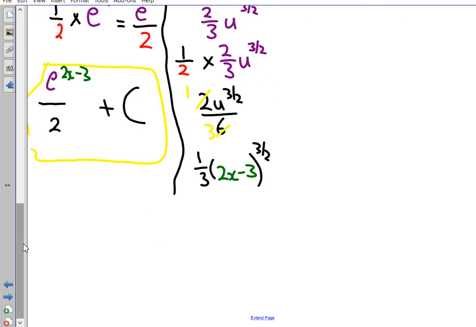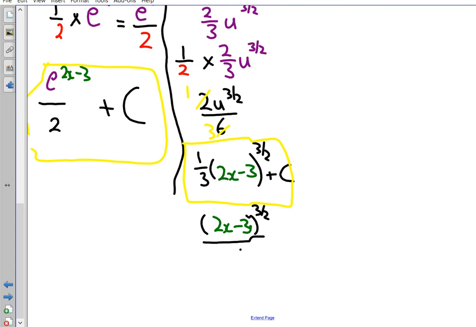So that's one answer. Or you could have written 2x subtract 3 to the power 3/2 over 3, and then the plus c outside of that.